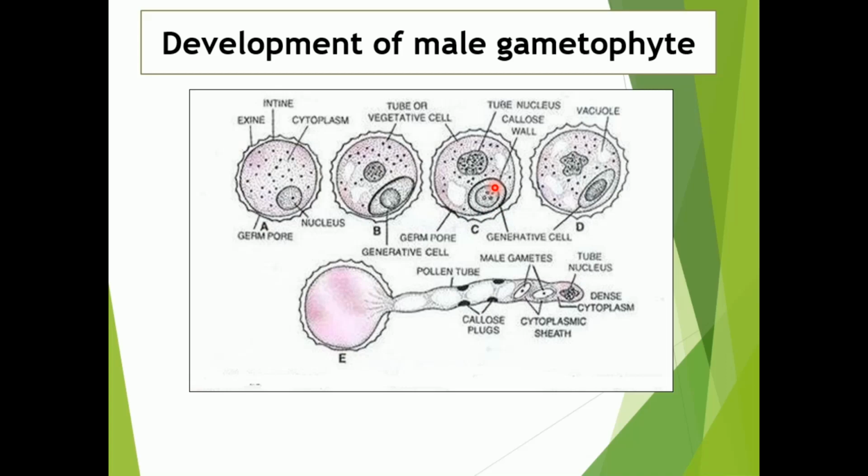The mitotic division of the generative cell takes place either in the pollen grain or in the pollen tube. The pollen grains are shed from the anther at this two cell stage in most of the angiosperms. So in the last diagram, the two non-motile male gametes are also seen in the pollen tube structure.